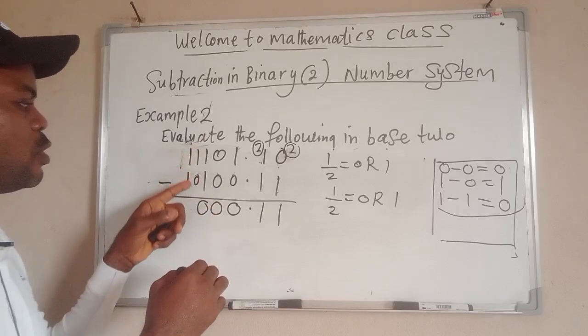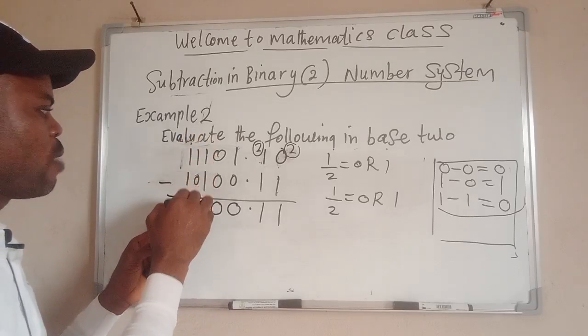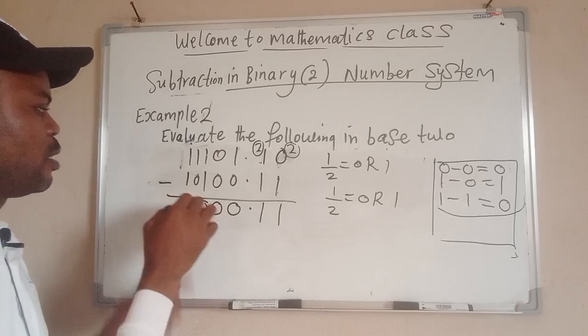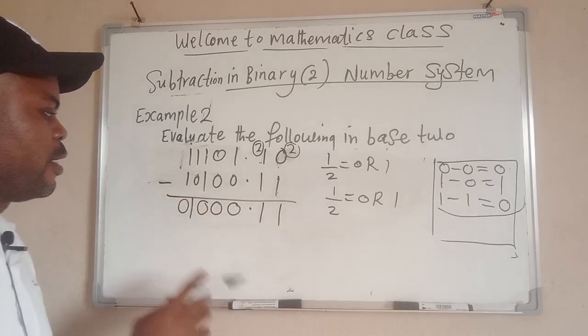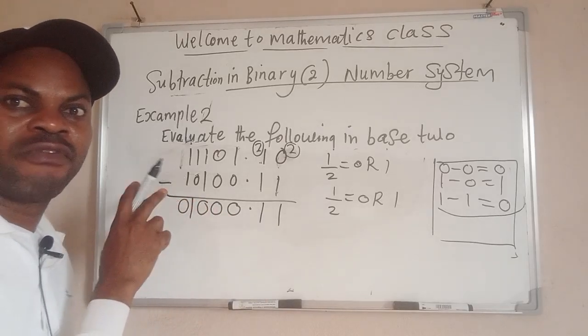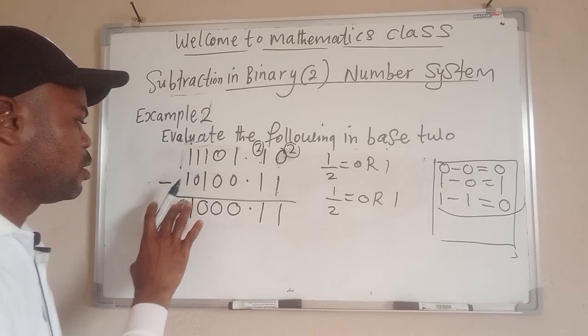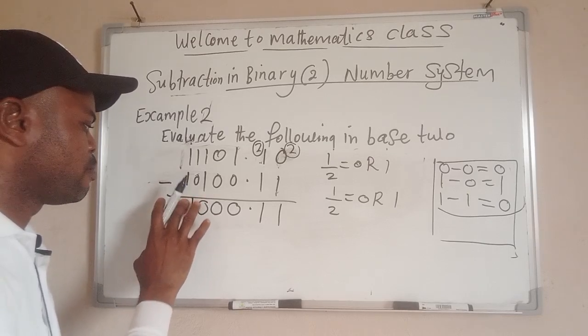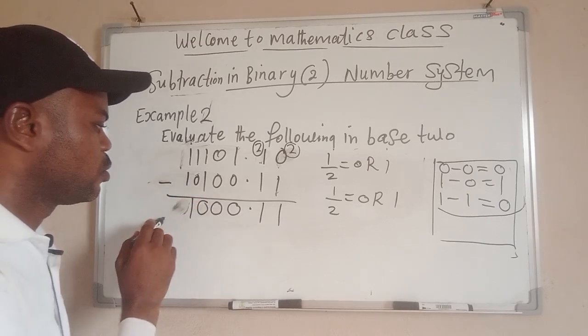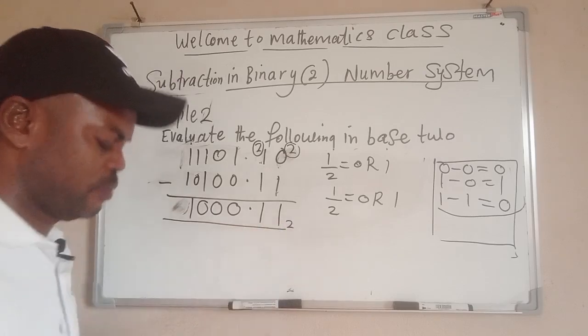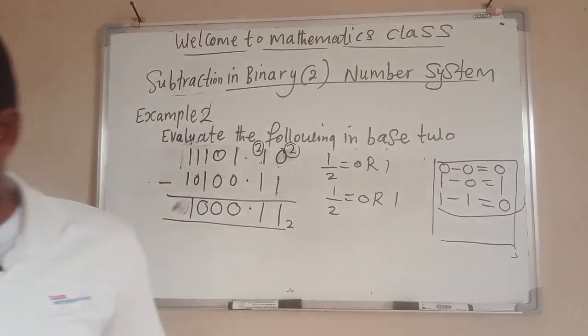How about 1 minus 0 gives you 1? How about 1 minus 1 gives you 0? But it is needless writing the 0 if it comes first. It doesn't matter. So this is the answer. That is the answer we got.